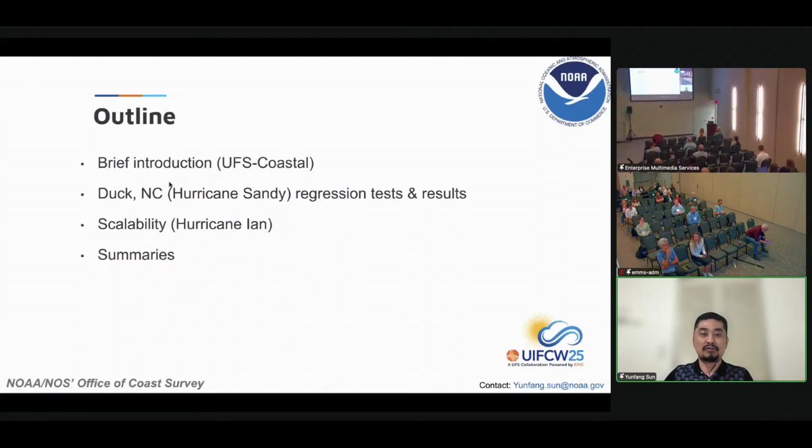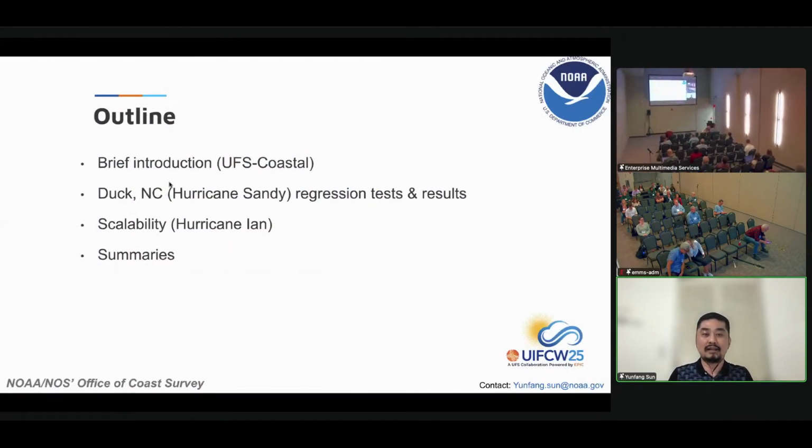Firstly, I will briefly introduce UFS coastal. Saeed made an introduction of UFS coastal yesterday, so here I will be very brief. The second part is the DUCK case, which is our systematic experiments of the regression tests. The third is the scalability and then the summary.